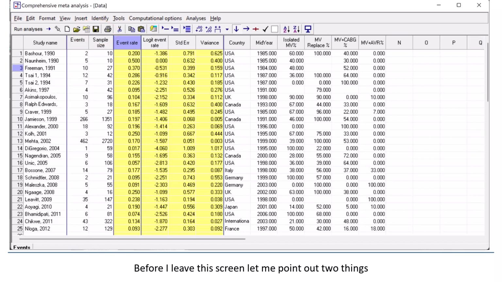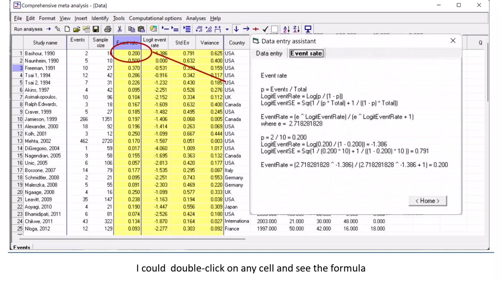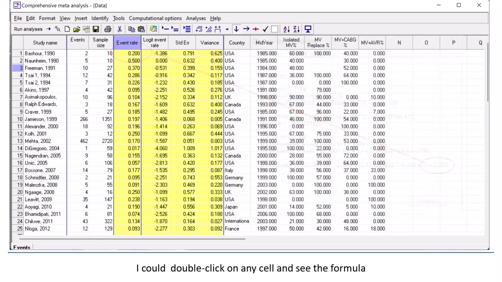Before I leave this screen, let me point out 2 things. If I wanted to see the formula that was used to compute the effect size, I could double-click on any cell and see the formula. Also, in this analysis, all studies reported data in the same format, but I also have the option to mix and match formats.